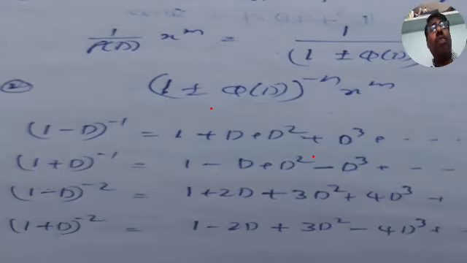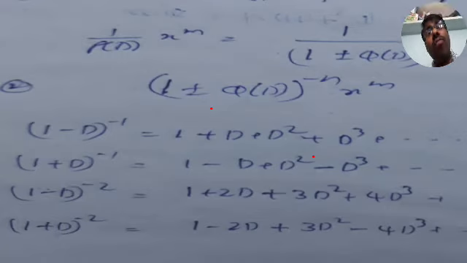In the first formula, 1 minus D whole power of minus 1, we have minus in both places, that is why we got 1 plus D plus D square plus D cube plus D power of 4 and so on, all plus. Now the second formula, 1 plus D whole power of minus 1: the base has plus and the power has minus, therefore it is 1 minus D plus D square minus D cube plus D power of 4 and so on. That is plus minus plus minus alternating. Are you getting?